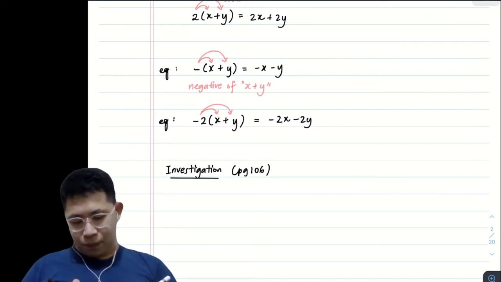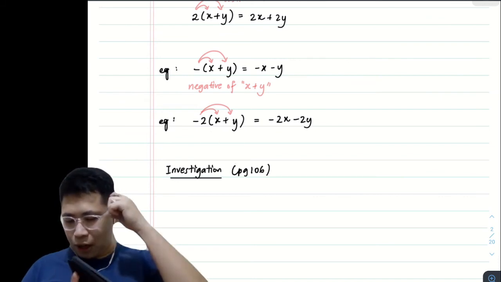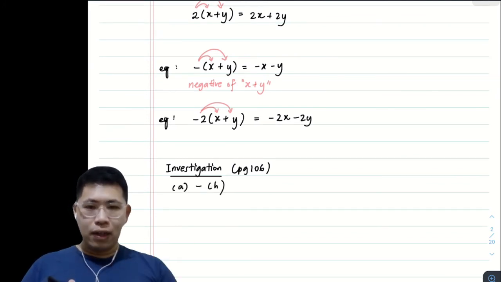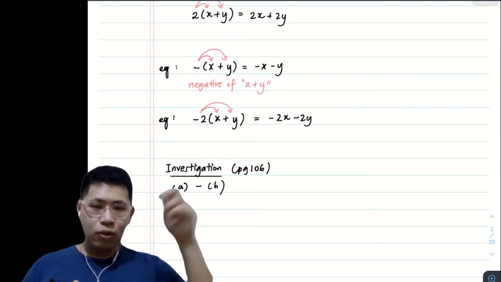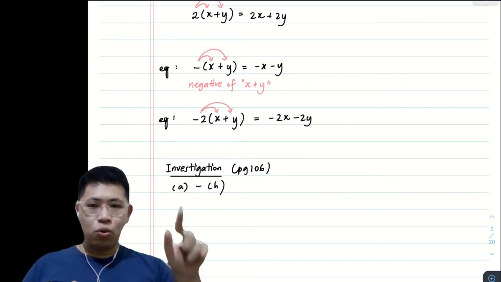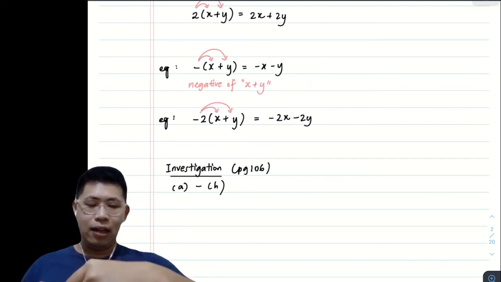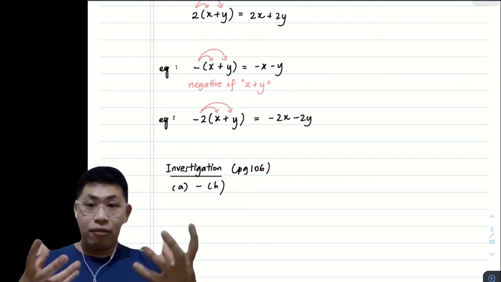You have part A all the way to part H. First I would like you to copy it down and try to do it within your notebook, so that on Friday we can look at it and you can verify your thinking.